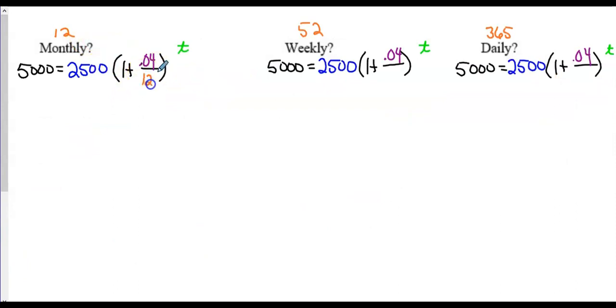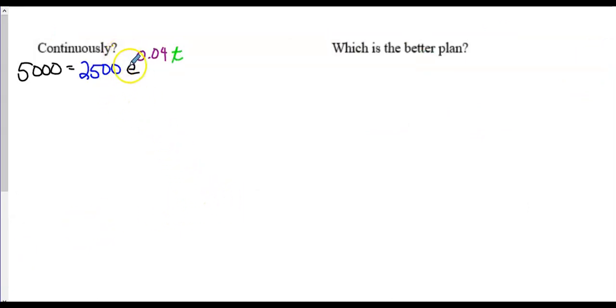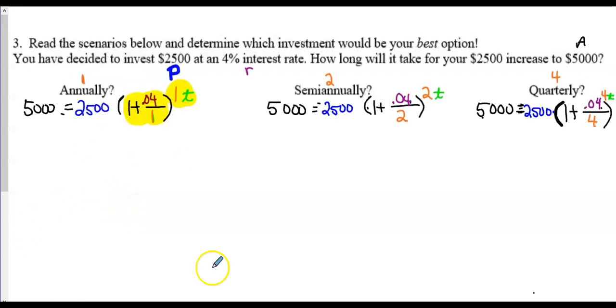Monthly will be 12. And weekly, of course, is 52. And then 365 for daily. And then the continuously compounded account, we use E, and then we use our rate and our time as the exponent. Okay, so we're ready to solve these equations.